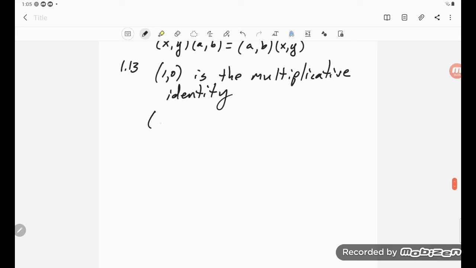So that's to say if we take (x, y) times (1, 0), we get (x, y).